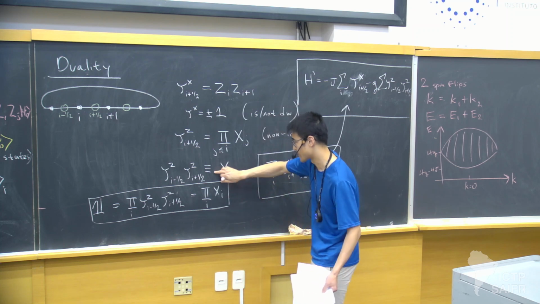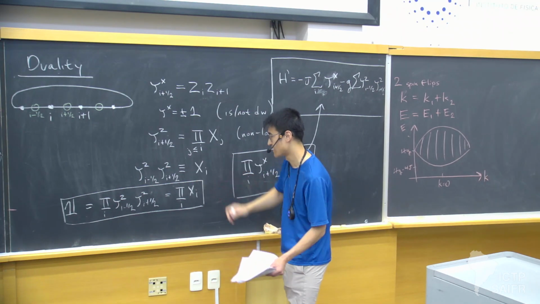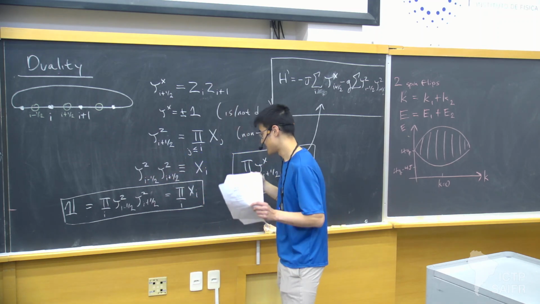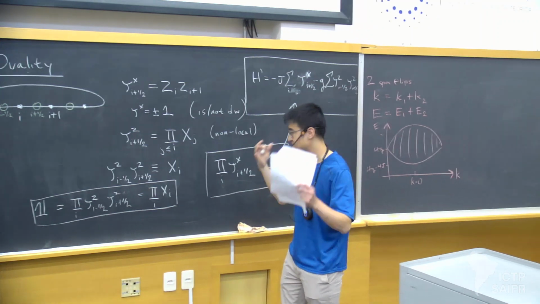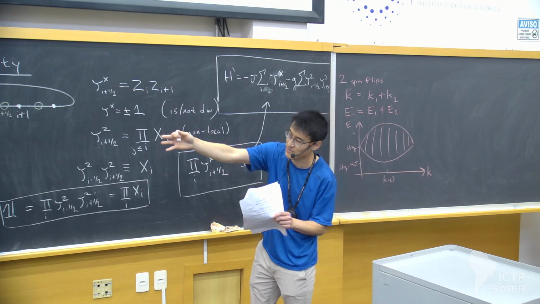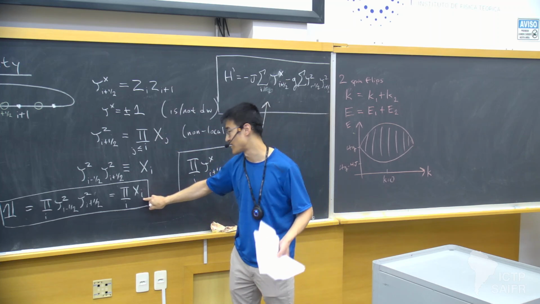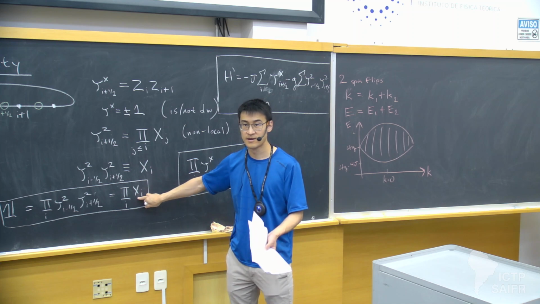By making this particular choice, I've assumed that the spins of the original Hamiltonian are in the Ising parity even sector, basically the product of x equals 1.